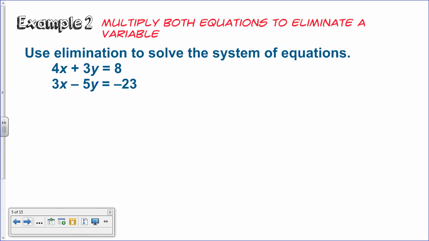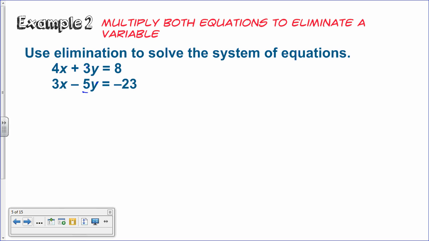So I'm going to probably eliminate the y's, right? I've got a problem here, though. The 3 and the 5 don't match up, do they? No. Can I just multiply one equation by a number? No, I can't. There's nothing I can multiply the top equation by that's going to give me a match of 5.